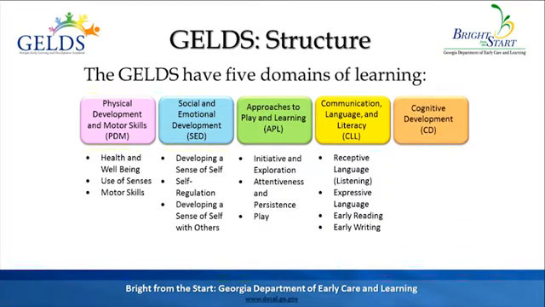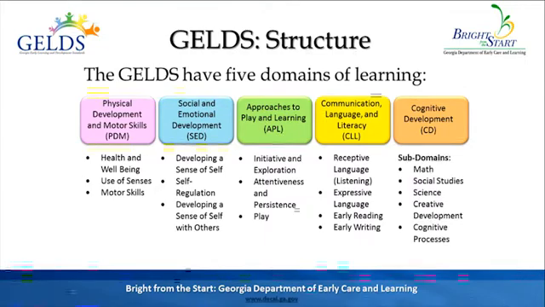And last, you have the cognitive development domain. And under this domain, and this is a little different from the other 4 domains, you actually have subdomains. And here you have your disciplinary areas, math, social studies, science, creative development, and cognitive processes, which are those thinking and problem-solving skills. But like I said, today we're only going to focus on one domain of learning.